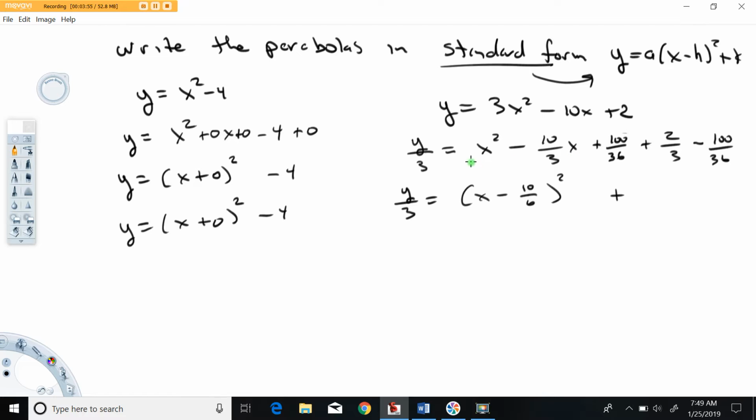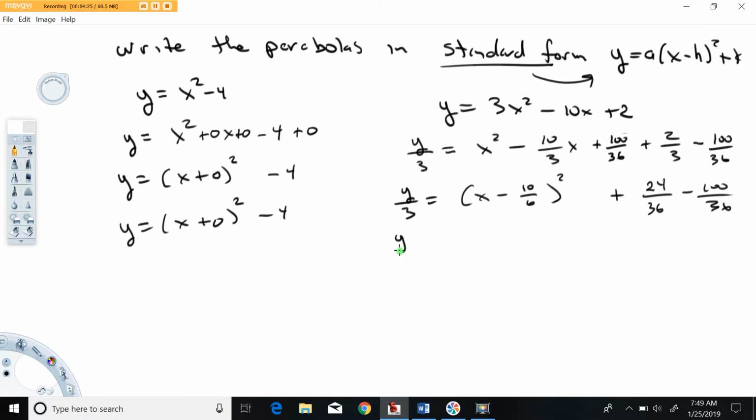This is now exactly equal to this, and this needs to be simplified. We need a common denominator, which would be 36, and that has to be multiplied by 12. So this top is now 24 over 36, minus 100 over 36. We're almost home free here.